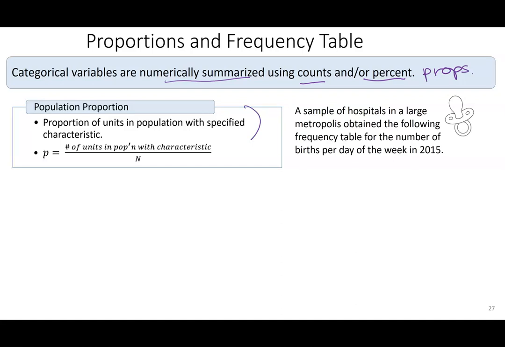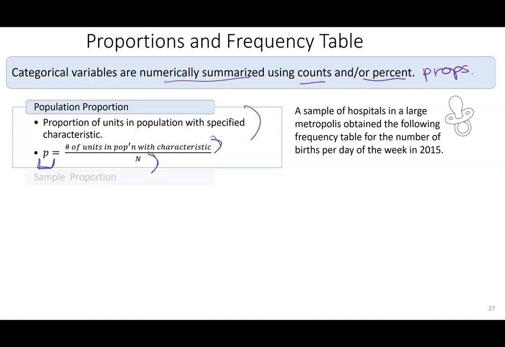I could be interested in, for example, the proportion of all OSU students with brown eyes. So the numerator here is going to be all the OSU students that have brown eyes, so whatever number that is, over capital N. Capital N is for the number in the population. And the symbol we use is just the letter P.